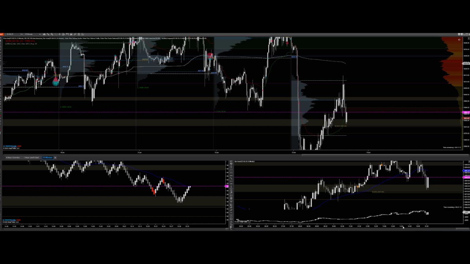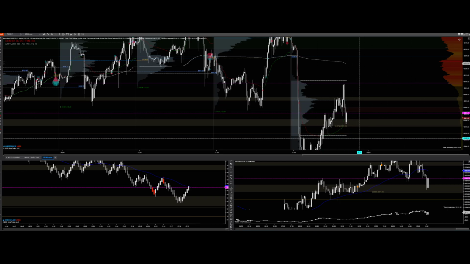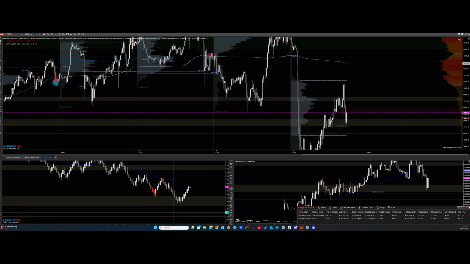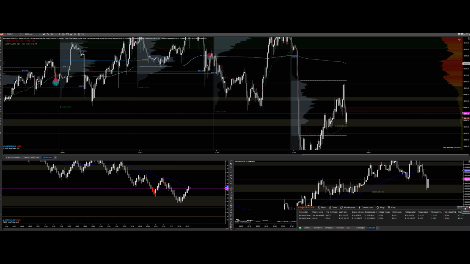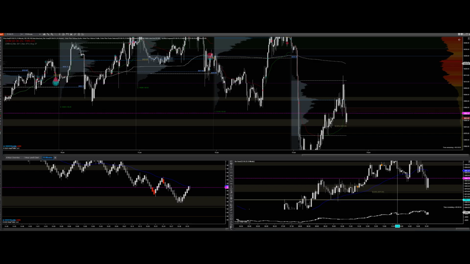Wait for the retest to take out the red zone first, and then stab the reversal. Just scalping a few ticks here and there, which is good.